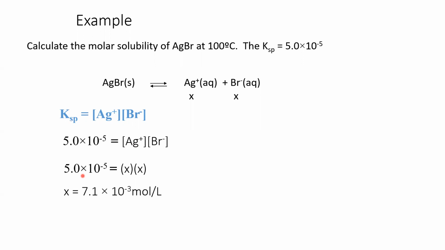Okay, I get 7.1 times 10 to the minus 3. That's the molarity or the concentration or the moles per liter for silver ions in the solution. It's also the concentration of the bromide ion in the solution, which is equal to how much of the silver bromide actually dissolved. And that's what molar solubility means, how much of it dissolved.